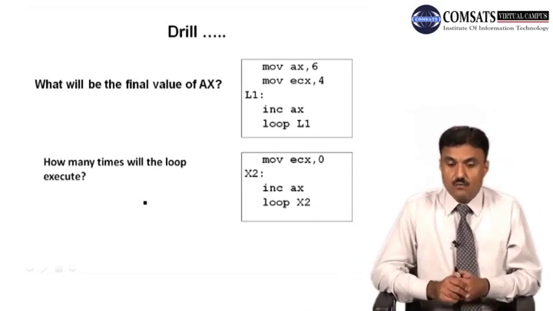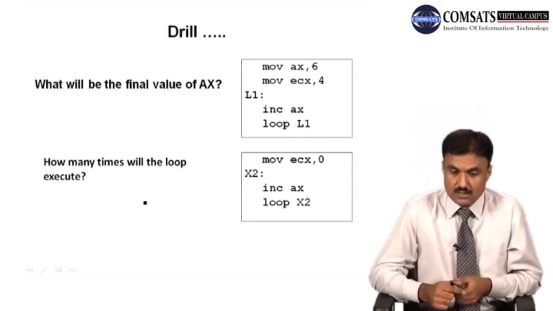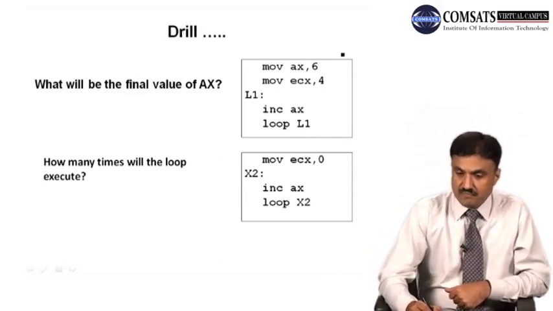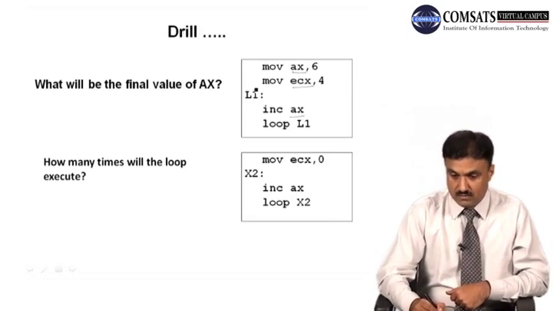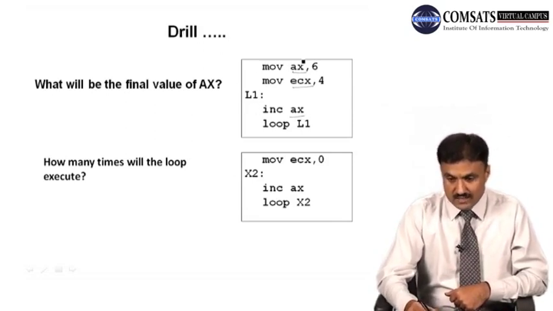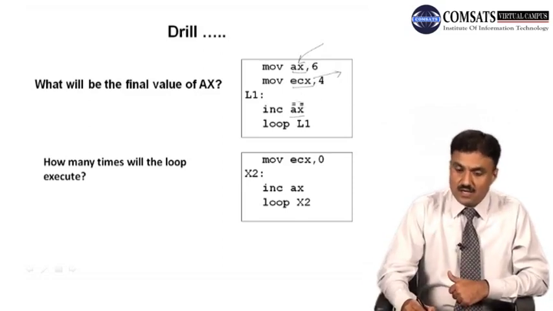Okay, what will be the final value of AX? You can see here. What will be the final value of AX? Increment AX here. So here AX is equal to 6. ECX is equal to 4. Okay, now increment AX.